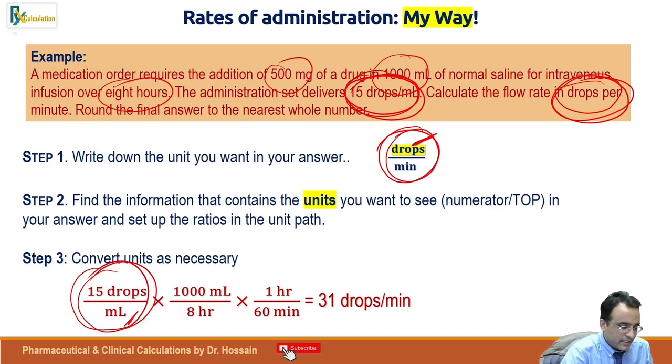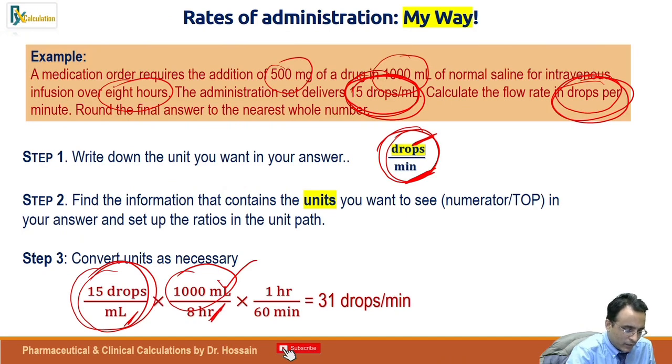The choice depends on what is required in the question. You pick the next term based on what you need to cancel out. In this case, we need to cancel out milliliter, so I pick the total volume. Since I need time in my final answer, I use total volume with total time.